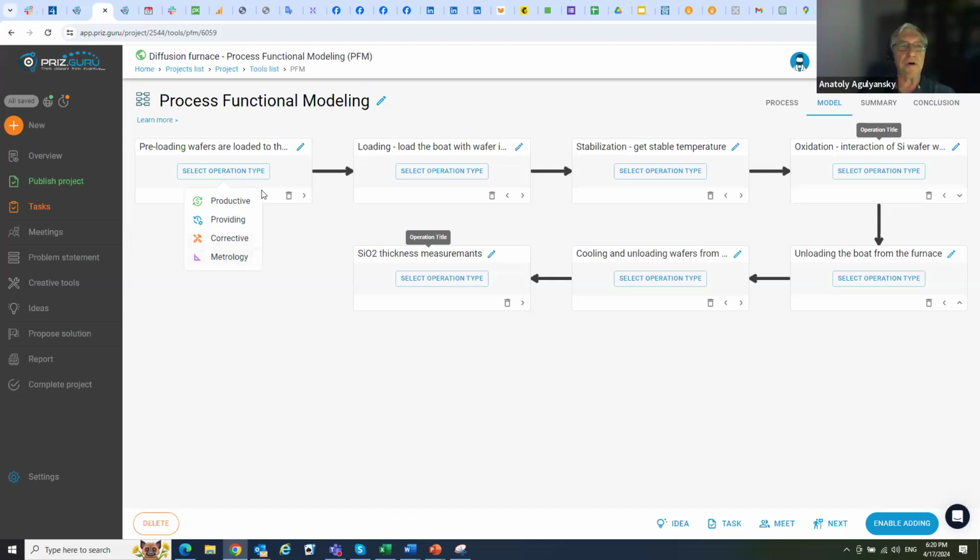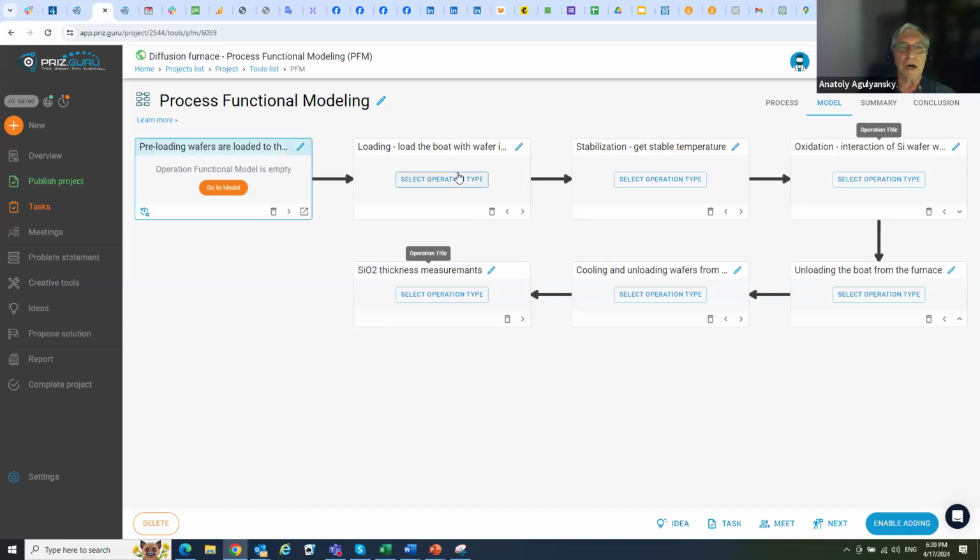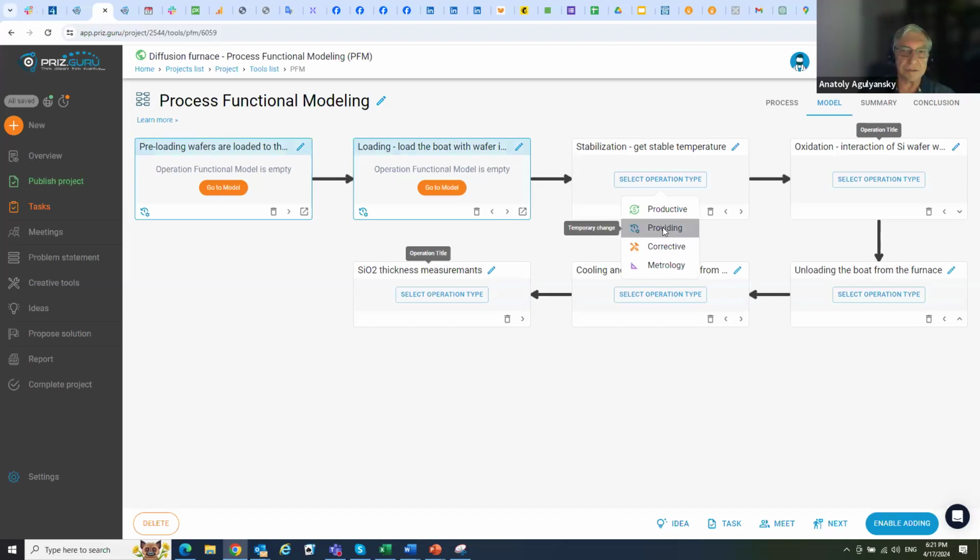So preloading, of course, is not irreversible. It's a temporary change. We can mark it as a temporary change. Loading, I would say, is also providing. Stabilization is also a temporary change. It's also providing.